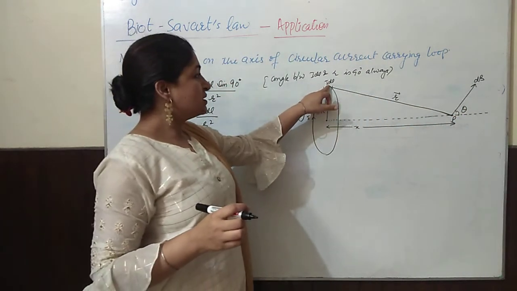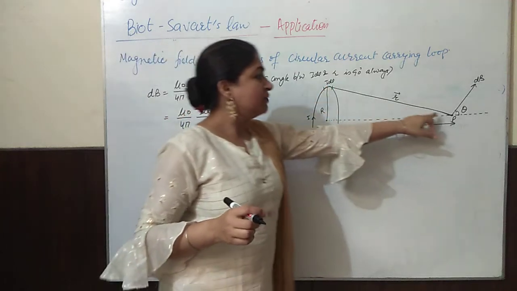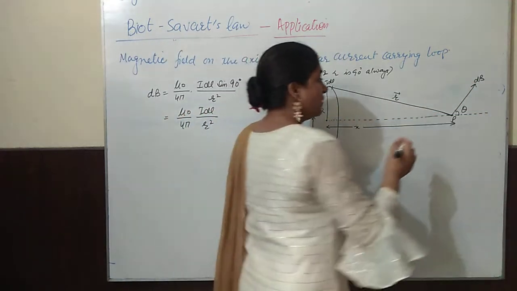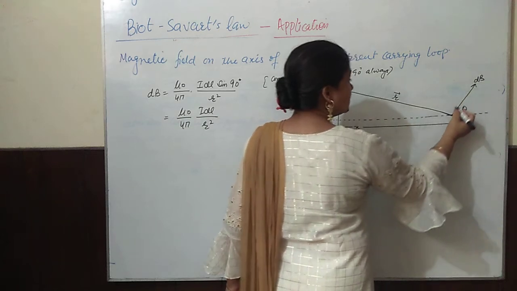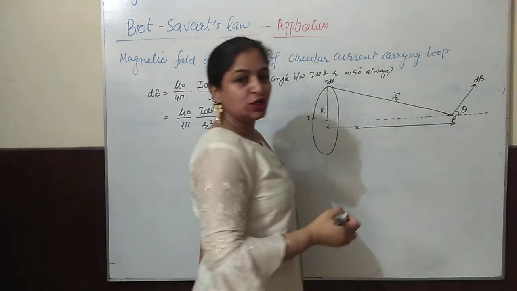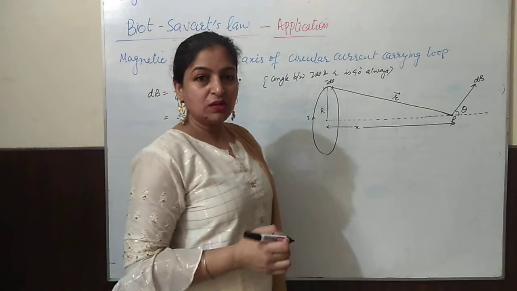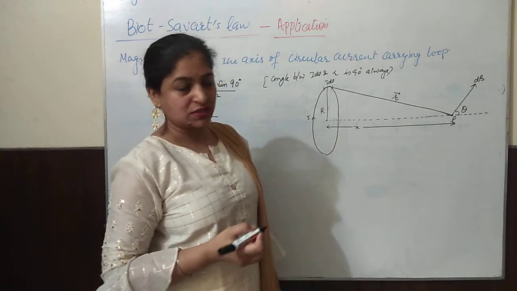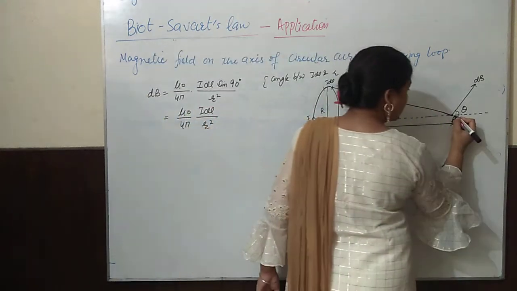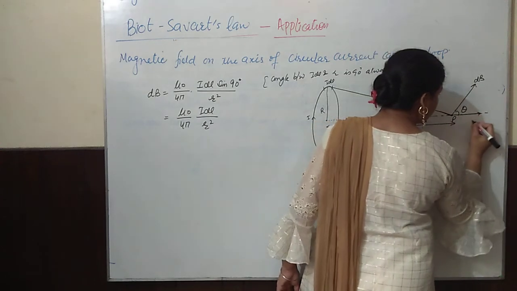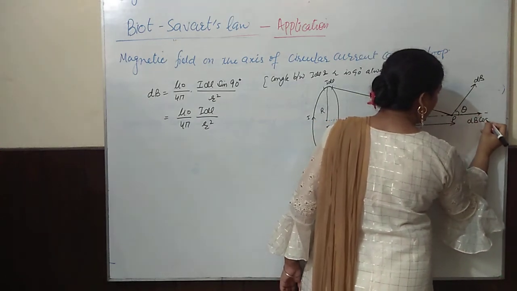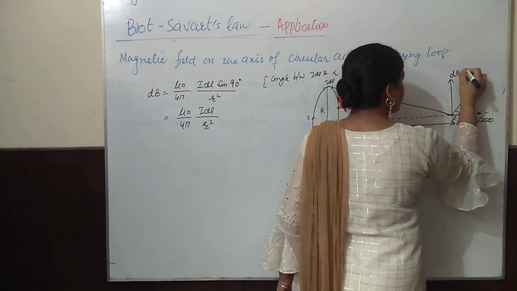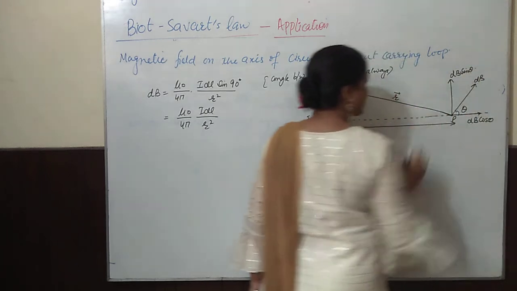Now we can divide this magnetic field into two components, one along the axis of the loop and one perpendicular to the axis of the loop. This component is dB cos theta, and this component would be dB sin theta.